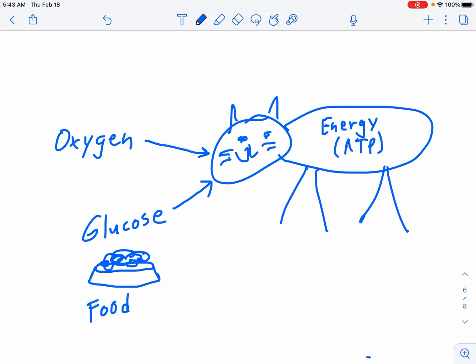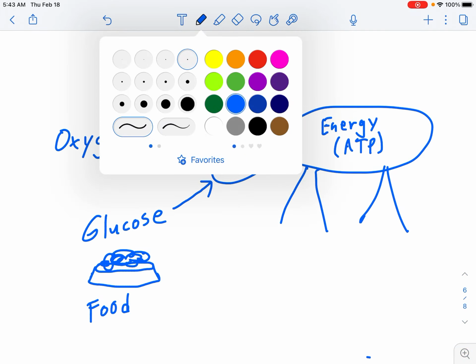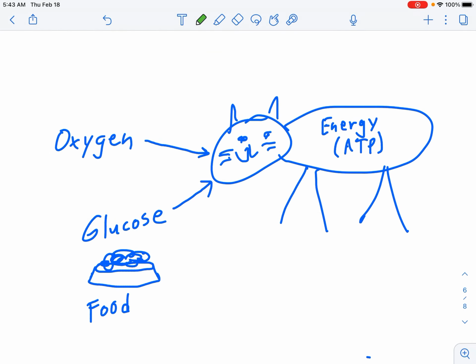Stands for adenosine triphosphate, but we're not really concerned with the fancy name, but that's what the letters stand for. And then the products that are produced need to be gotten rid of. And so your cat is going to breathe out carbon dioxide.